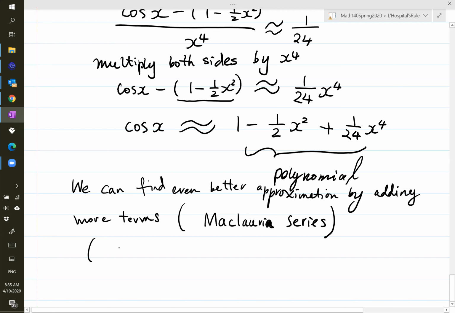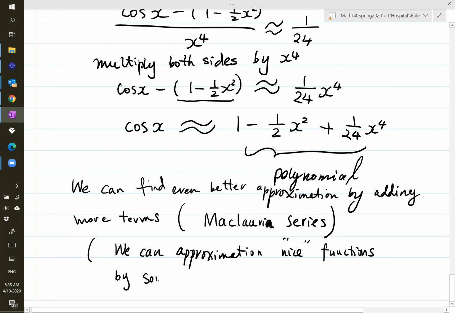The idea is we can approximate nice functions, where nice you can think of as differentiable to higher degree, by something like a polynomial.